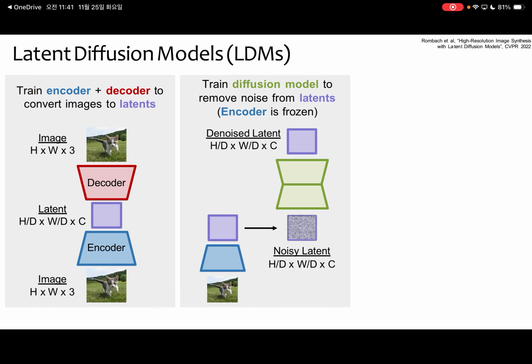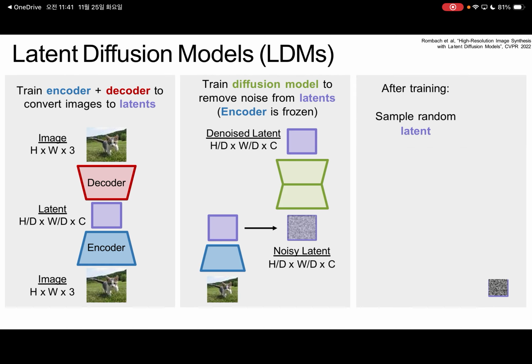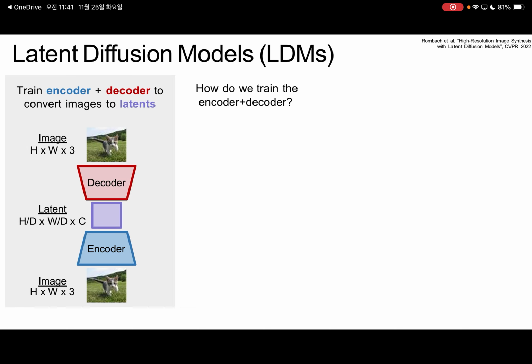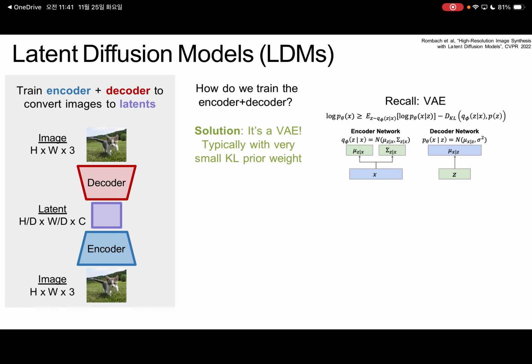But where do the encoder and decoder come from? That is actually VAE. People pre-train VAE, and then they encode the image into latent space, and then do diffusion steps in the latent space only.